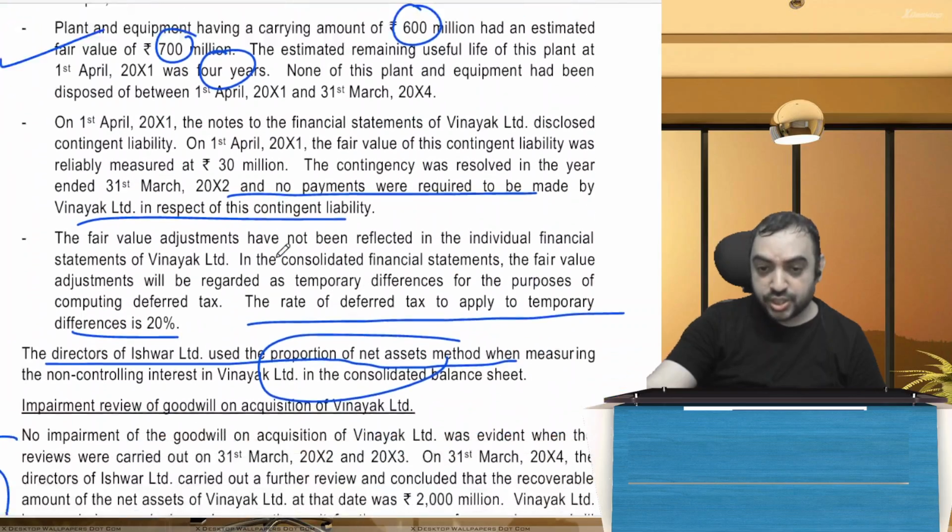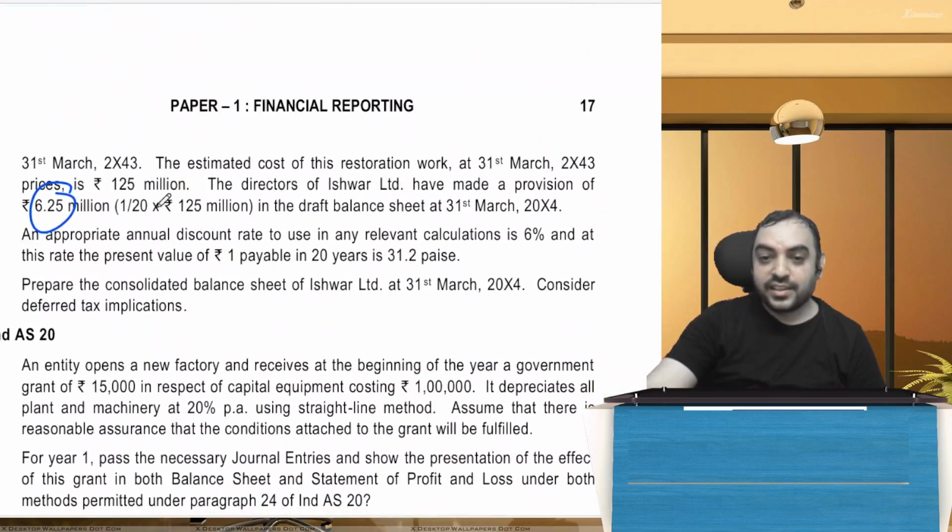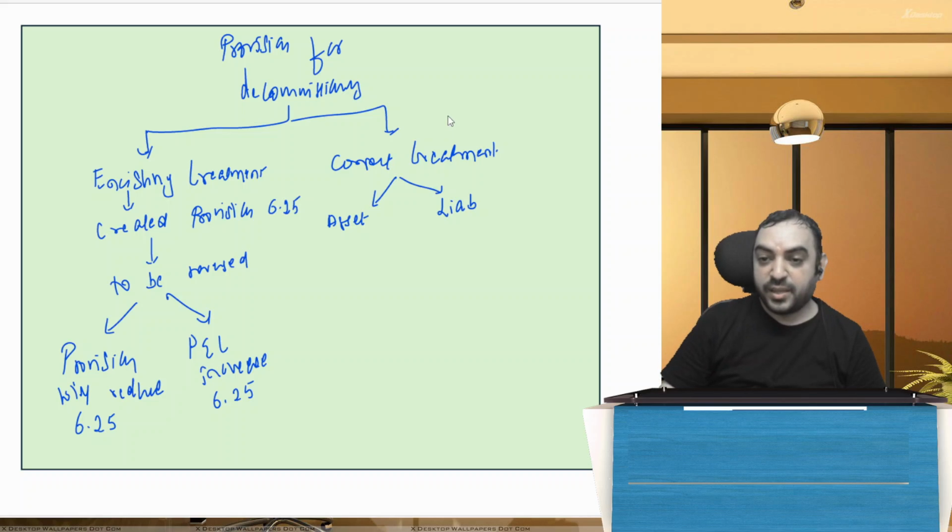The amount of obligation is 125 million multiplied by 31.2 paise. 125 million into 31.2 paise means 0.312, and expressed in thousands, multiplied by thousands. So 125 into 0.312 into thousands, you get 39,000.